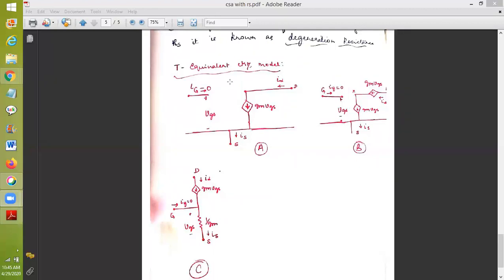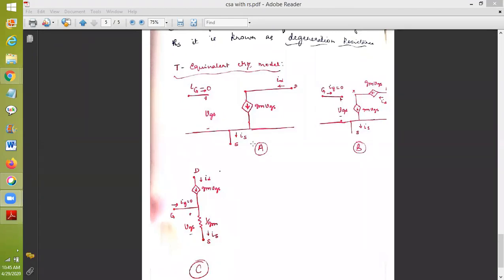From the hybrid pi model, you have to draw the T model. This is the T model, very, very important. I repeat, when there is resistance attached to the source, we have to go for this T model. If the resistance is not attached to the source, we just go for the hybrid pi model. So in the circuitry, it is with RS, with source resistance. So since it is with source resistance, what we have to do?